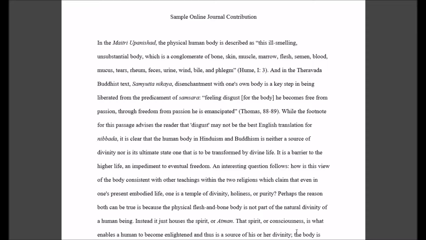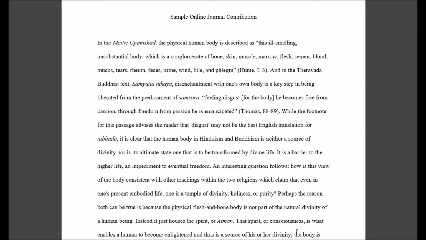And the prompt, and I'm sorry, I don't have the prompt for you, but basically the prompt is, what is common about the view of the body in Hinduism and Buddhism, and its role in our becoming divine. It was something like that. Okay, so that was the prompt, to which this is the response.